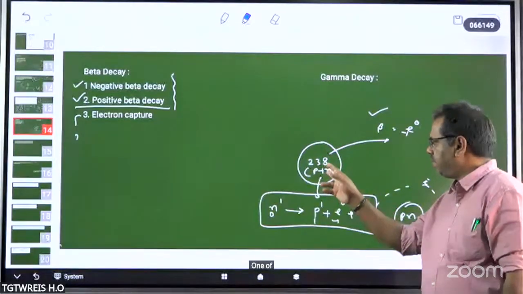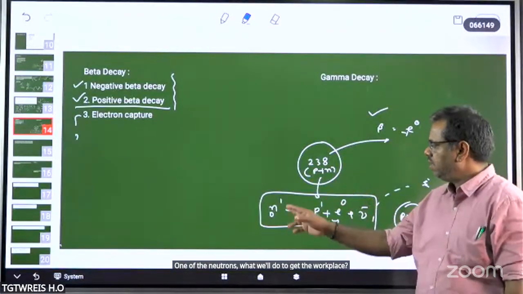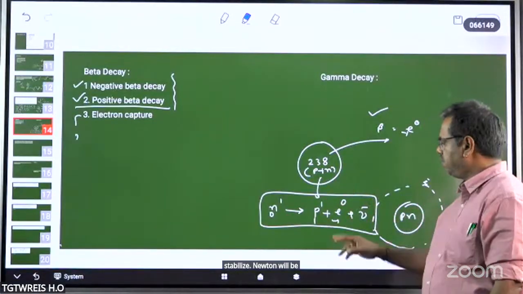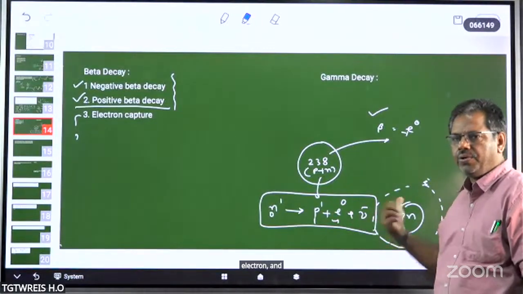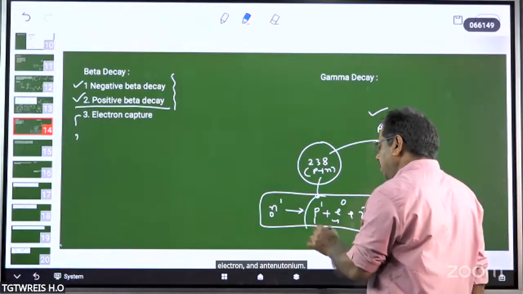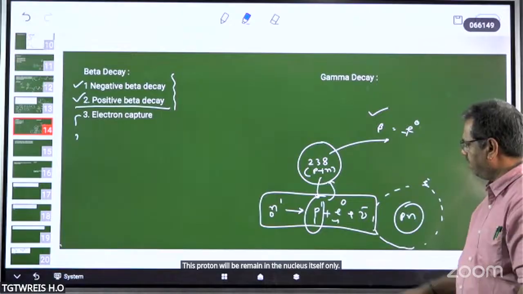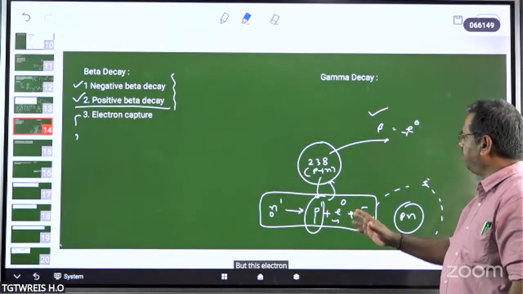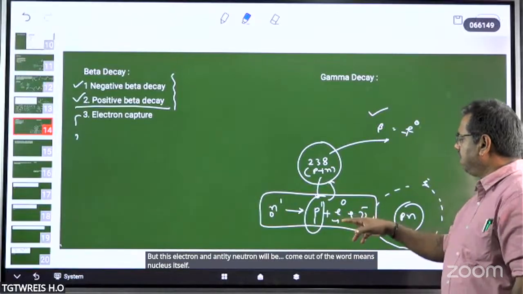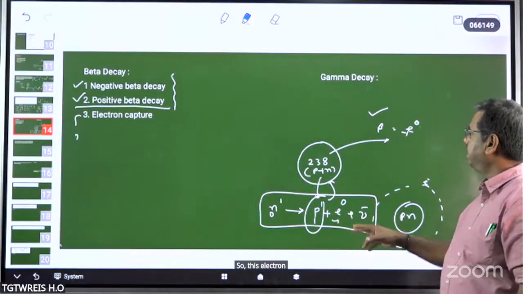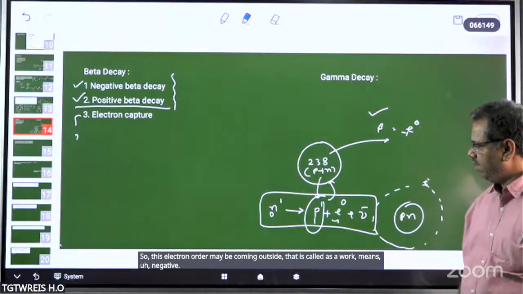To stabilize, the neutron turns into proton, electron, and antineutrino. This proton will remain in the nucleus itself, but this electron and antineutrino will come out of the nucleus. So this electron is coming outside. That is called negative beta decay.